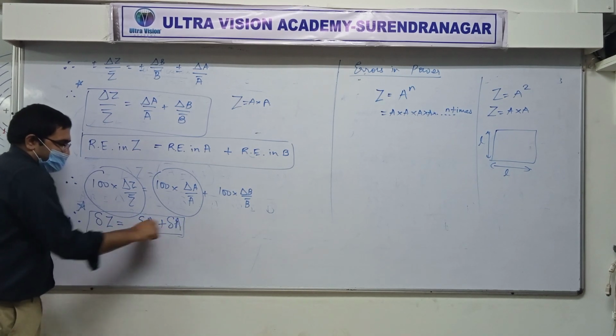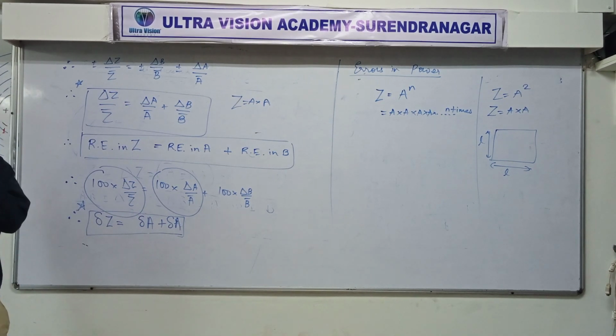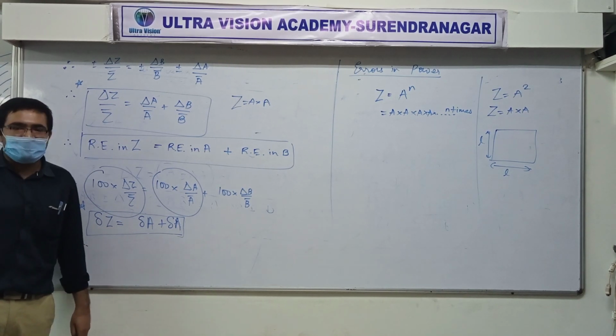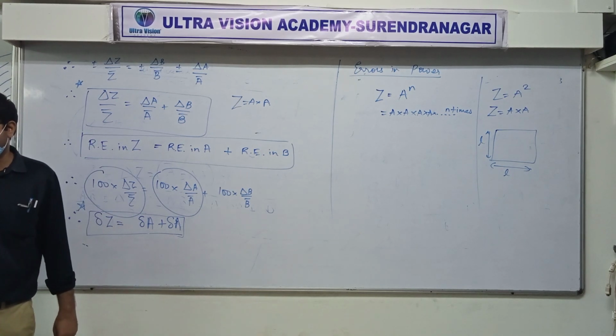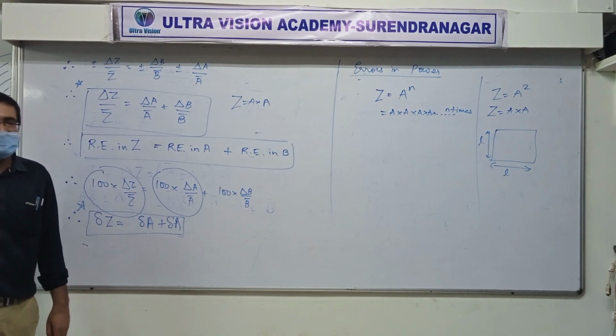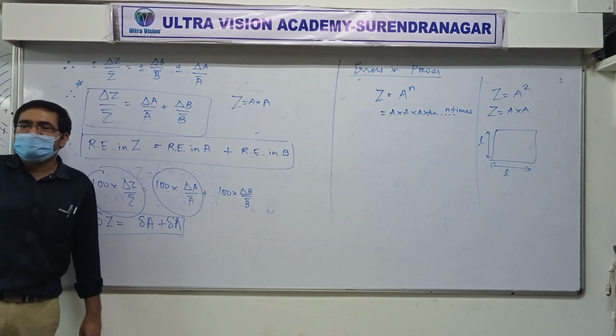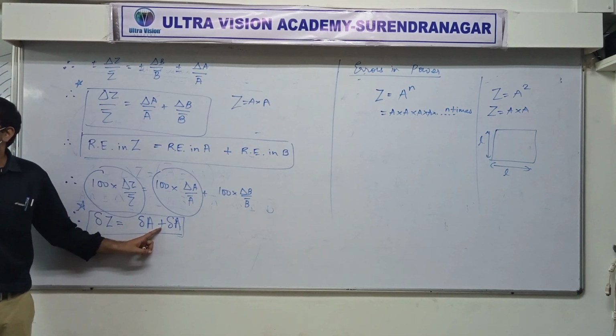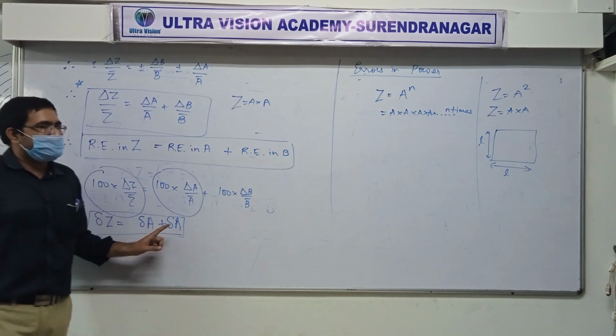This would become del A plus del A. Del A plus del A would be 2 times del A. Yes or no? One apple plus one apple is not apple square. Two times. Okay, is that clear? Del A plus del A is 2 del A. Got it?